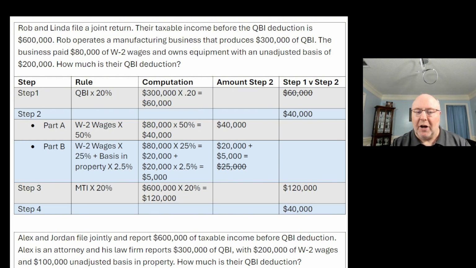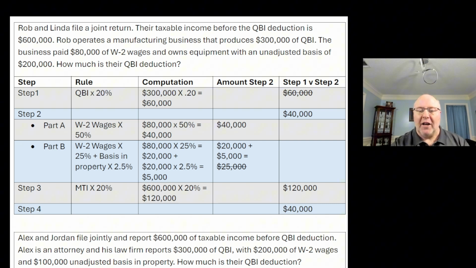Now that's going to be our full deduction unless we're limited by 20% of our modified taxable income. It told us that the taxable income before the QBI deduction is $600,000. So $600,000 times 20% gives us $120,000. We're looking at a $40,000 QBI deduction. That's less than the $120,000, so we're not hitting the ceiling.